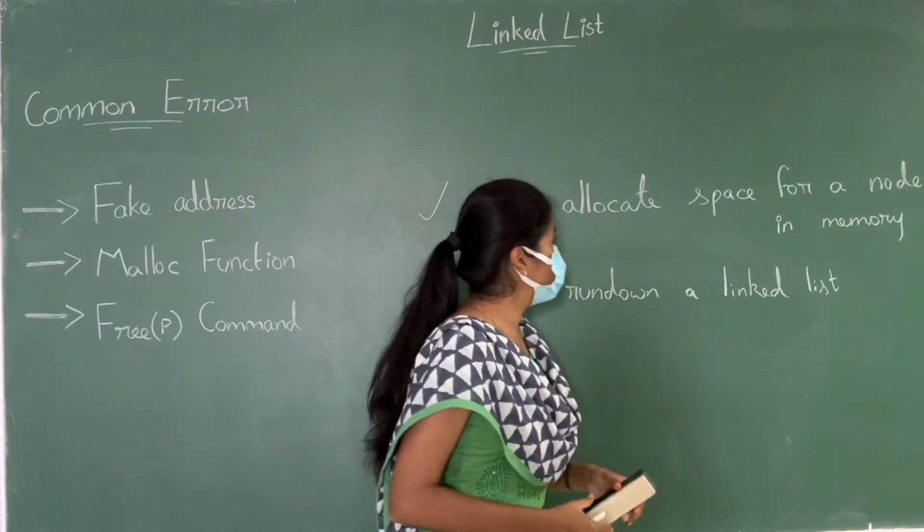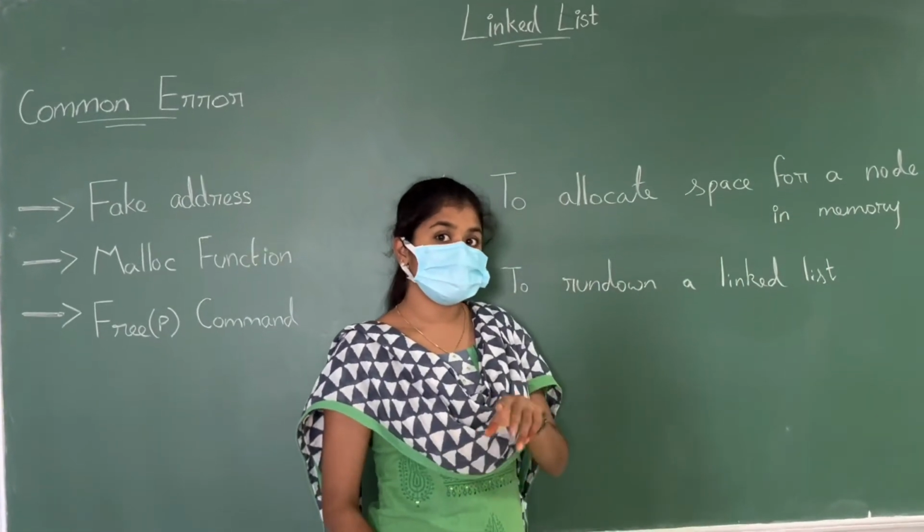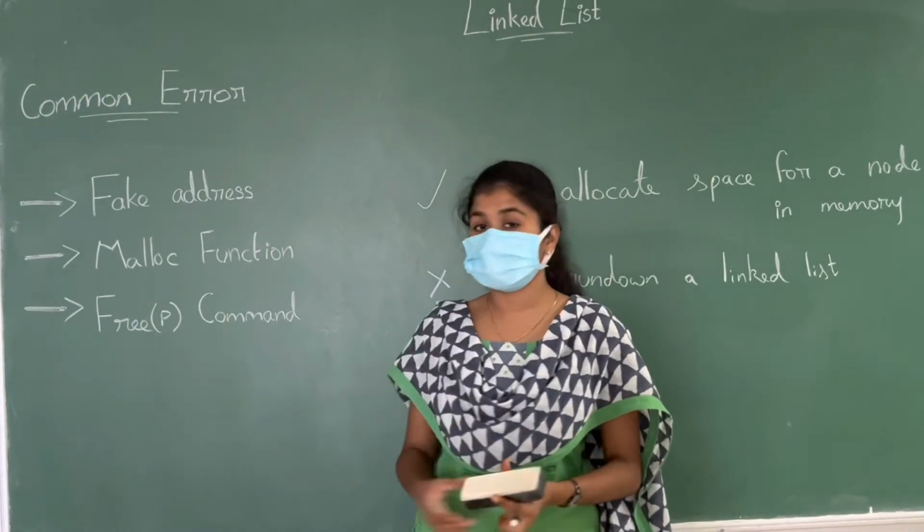Malloc function can be used to allocate space for a node in memory, but it should not be used to run down a linked list. And the third error is the free command.